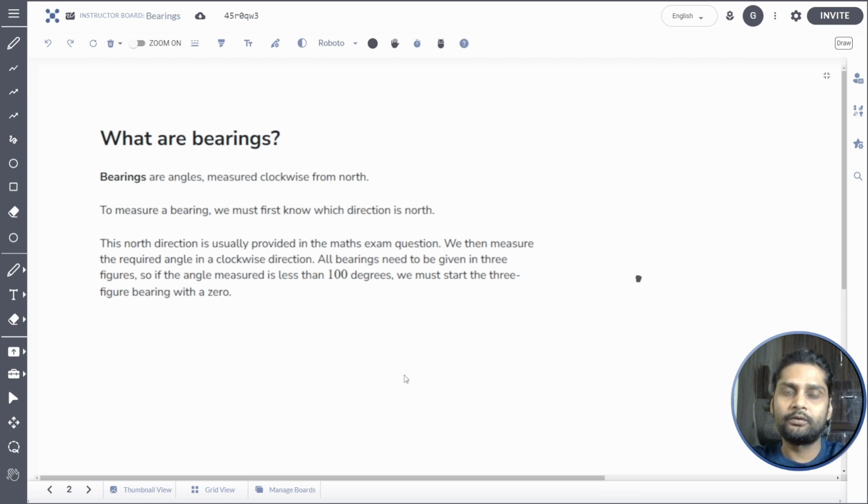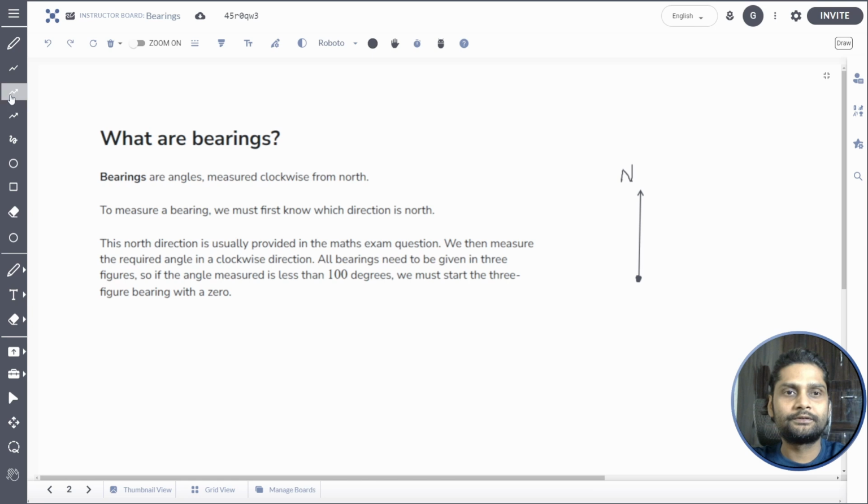For instance, what we need first of all is to draw a north line. Generally on the map we consider it in the upward direction. So let's consider this is the north direction. It's pointing upwards, and we can write N for north.